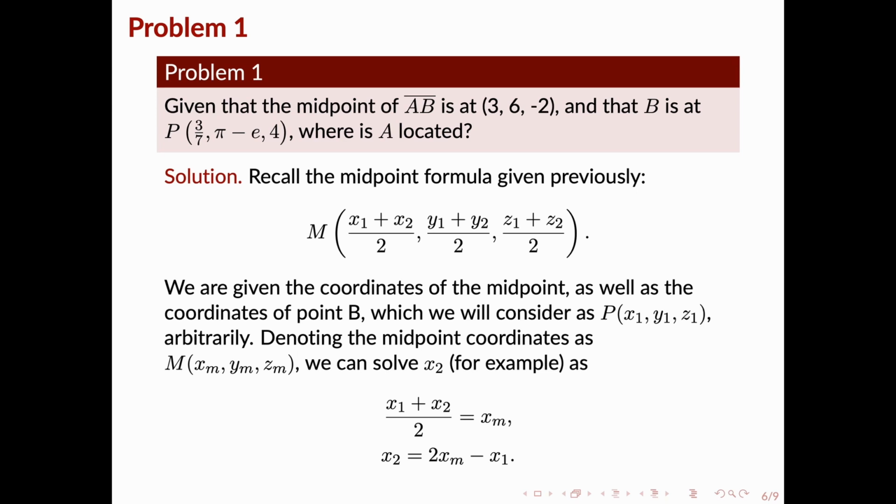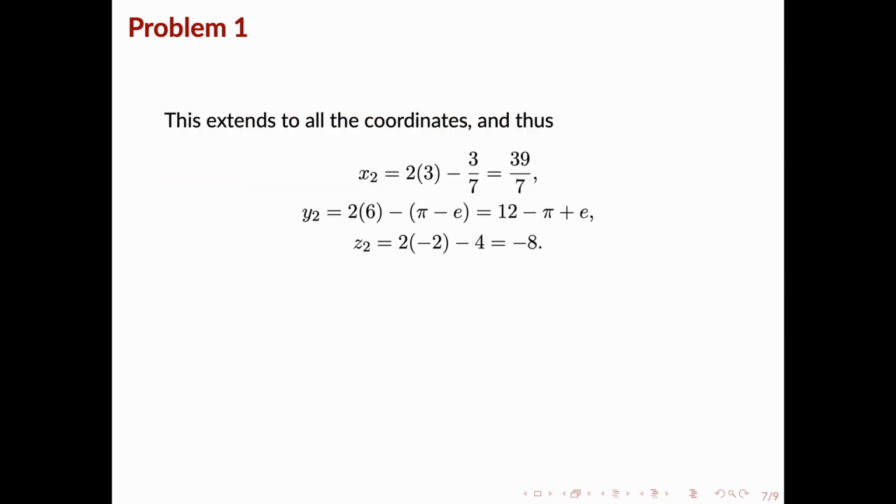But since x2 is the missing variable, we must isolate it using algebra by multiplying both sides by 2 and subtracting both sides by x1. Thus, the resulting equation is x2 is equal to 2xm minus x1. This extends to all coordinates, and thus by substituting the given values, we can get x2, y2, and z2, or the coordinates of point A.